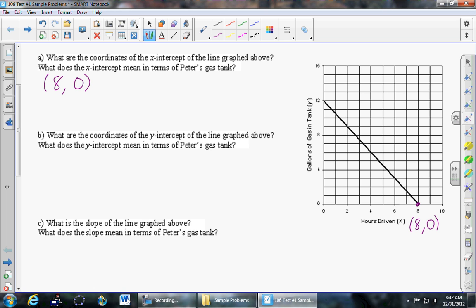And to figure out what it means, putting the units in I think will help. So this 8, by virtue of being the x number down at the bottom, is a number of hours. And this 0 is a y number, and y is measured in gallons of gas. So what that means is that after 8 hours of driving, there are 0 gallons of gas left in the tank.